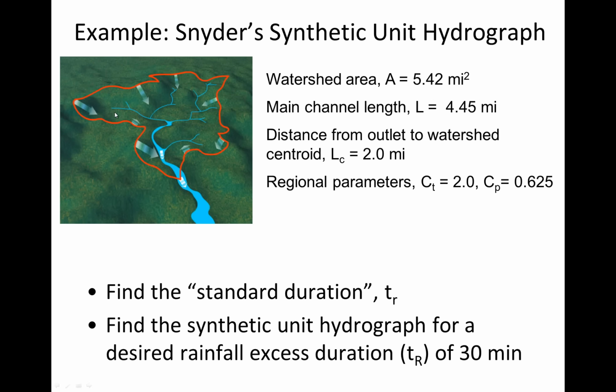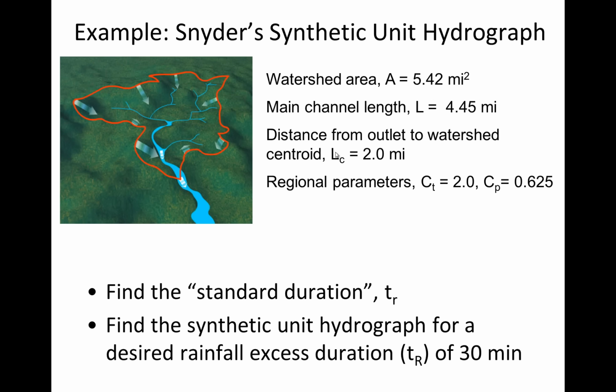The main channel length, and so the length of the channel that has the greatest flows and exists for the longest duration, the longest length up to a certain upstream area, and so maybe what we're showing is that it requires maybe half a square mile of upstream area before any channel forms. And so we go the furthest point away from the outlet to where channel begins to form, and that length is 4.45 miles.